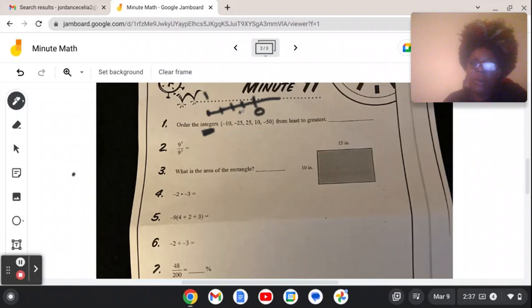So if I had -2 and -6, -2 is larger than -6, even though 6 is a greater number by itself, because -6 is the furthest away from the zero.